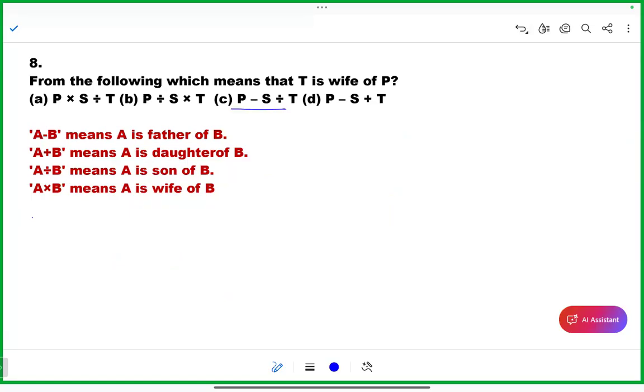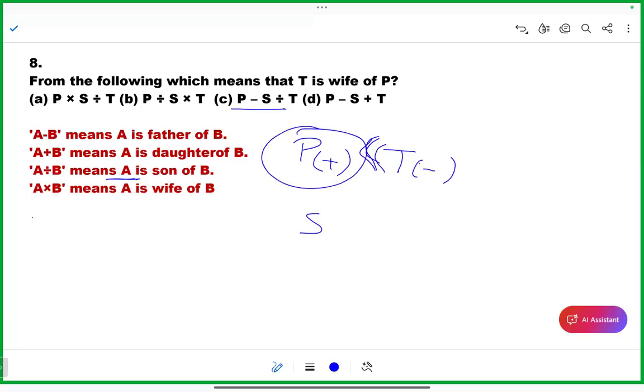P minus S. P minus S means P is the father of S. S divided by T. S divided by T means S is the son of T. Oh yes, so T is the wife here. Yes, correct. Because P is already the father, the husband, that means T is the wife. So that is clear.